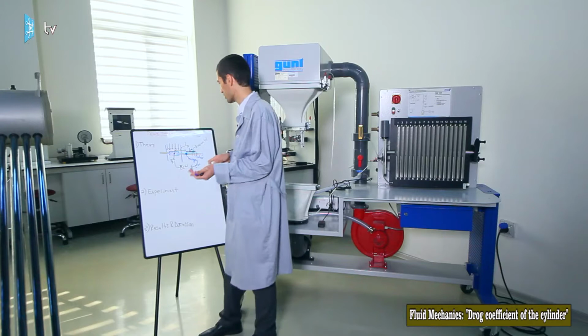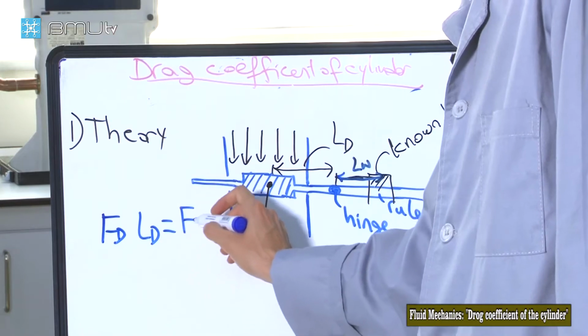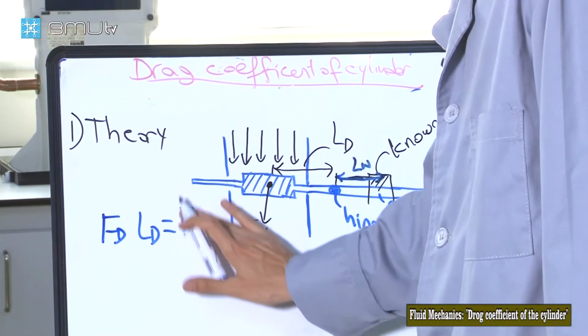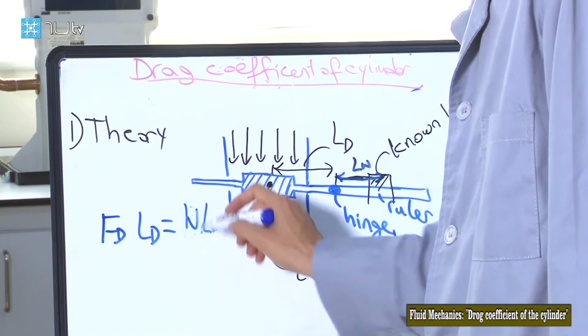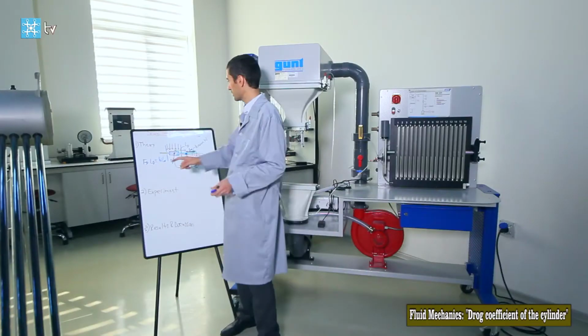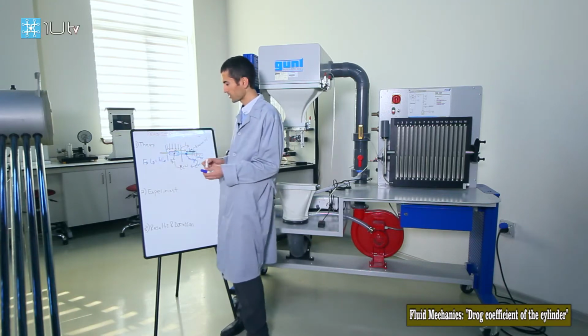Writing the equation, the drag force multiplied by its distance is equal to the weight multiplied by its distance. I know the weight and I know the distances, and from that I will find the drag force.